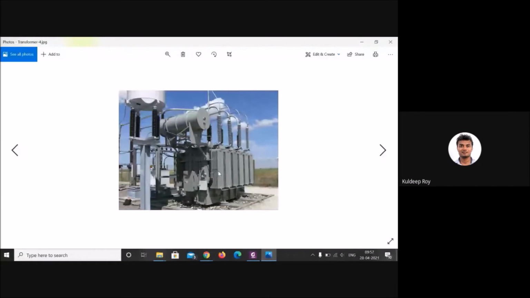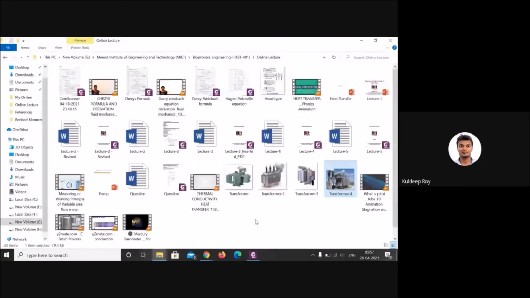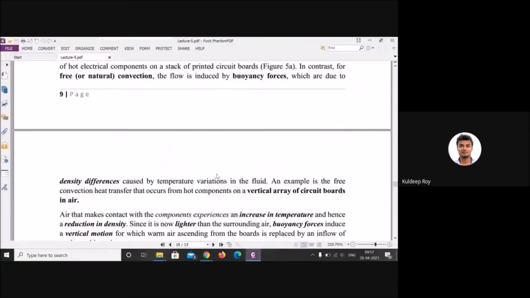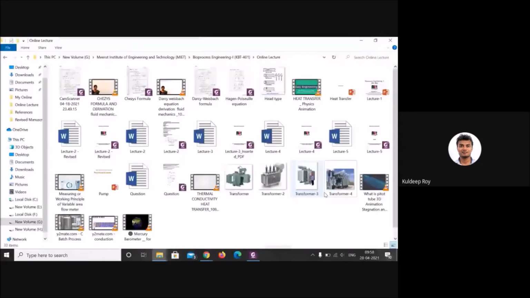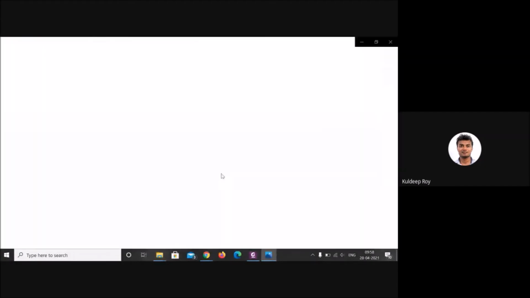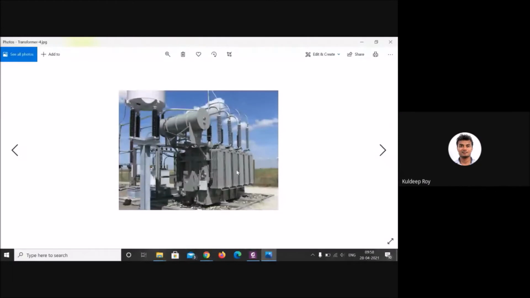Okay, now we will talk about the mechanism. What is the exact mechanism, how does the heat transfer take place in the transformer? Let me give a brief explanation. The temperature will be very high inside, and here we generally use oil. It will transmit the heat from the surface using natural convection. How?